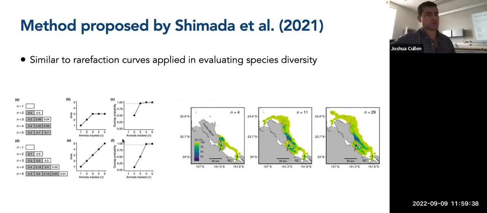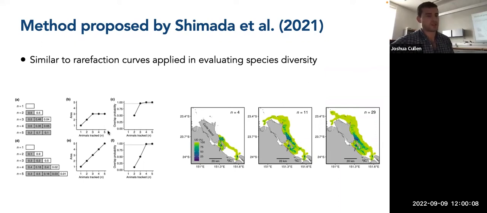Essentially, you want to randomly include different animals of your tracked population to see how much area they've used, and then measure the overlap among those separate individual utilization distributions. And once you keep adding more individuals, if they overlap with 100% probability, you've probably defined the population's utilization distribution pretty well.